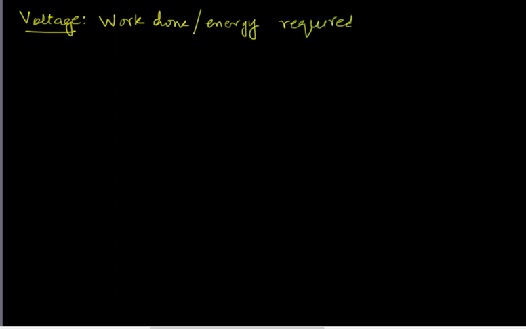Now let's start talking about voltages and currents. First of all, voltage. What is voltage? I think you already know that, but let me put the physics definition over here. Voltage is the work done or energy required per unit of electric charge.